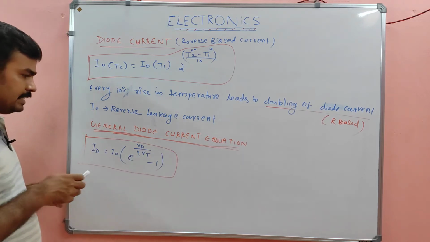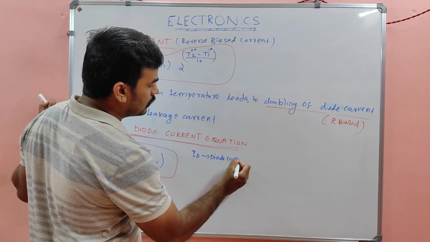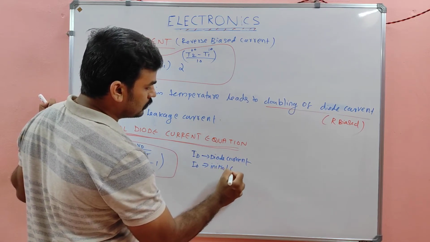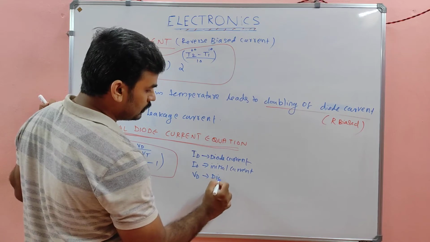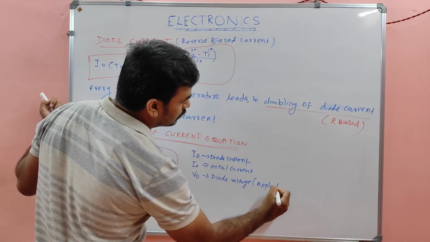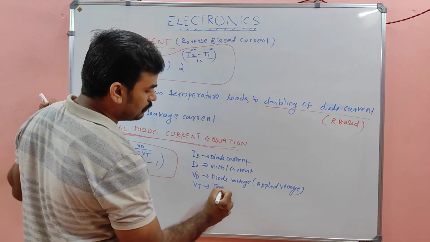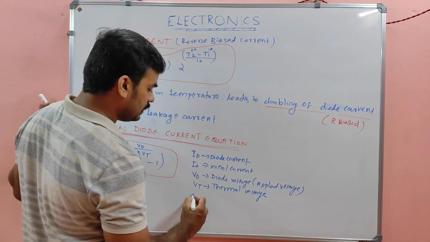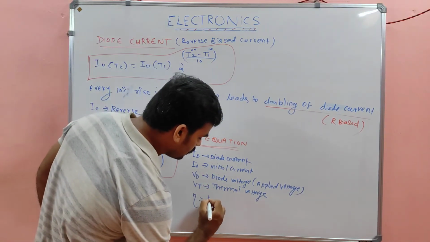Where ID is the diode current, I0 is the reverse saturation current, Vd is the diode voltage or applied voltage, Vt is the thermal voltage, and eta is called the recombination constant.